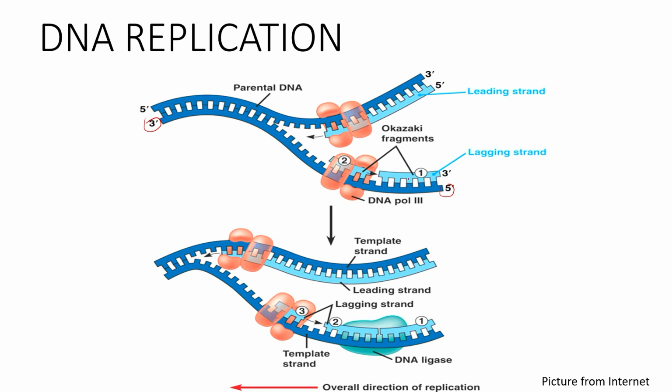Thus one strand replicates continuously, the other strand replicates in small pieces one after another. This way the DNA is doubled, with one strand old and the other strand new, and that is what is called the semi-conservative mode of replication.